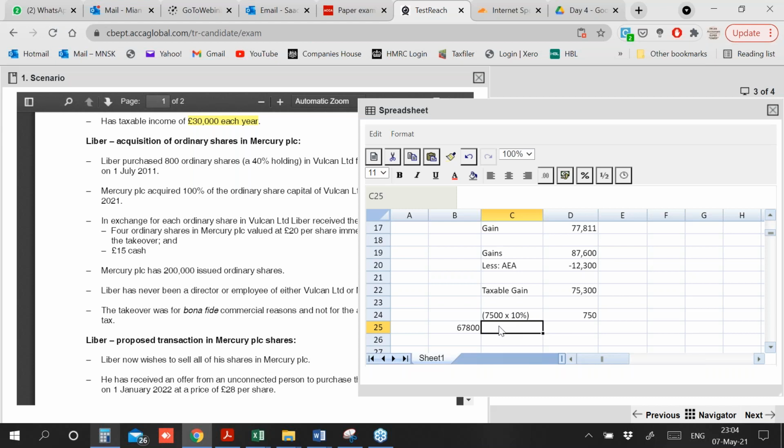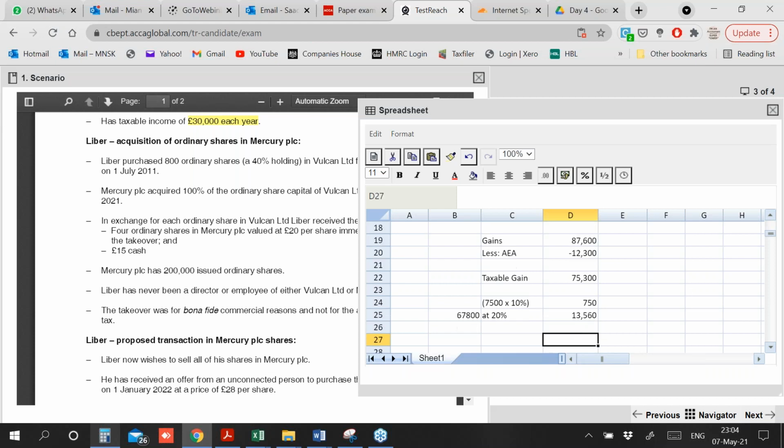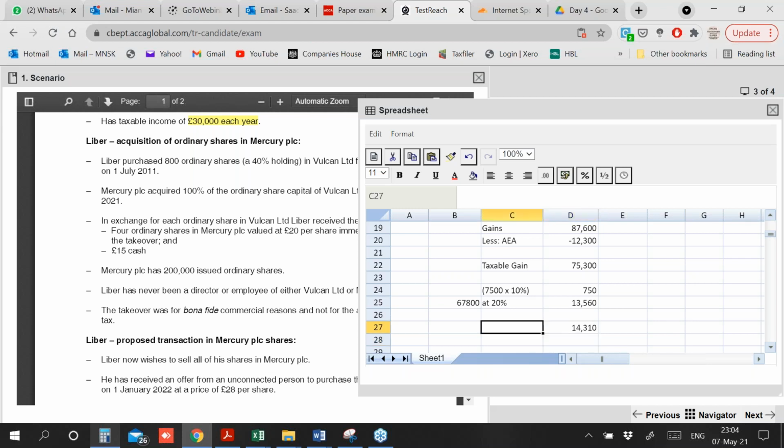That will be taxable at 20%. So this amount times 20%. The total CGT liability will be this plus this, 14,310, considering she sells the shares this year.